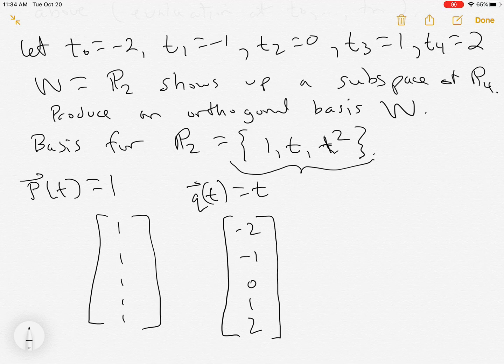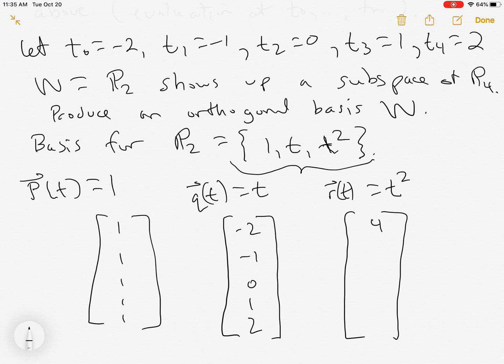And if you choose the third vector, R of t, which is t squared, and you evaluate, you get 4, 1, 0, 1, 4. So now we're looking at vectors in R5 that are representing these vectors in P2.